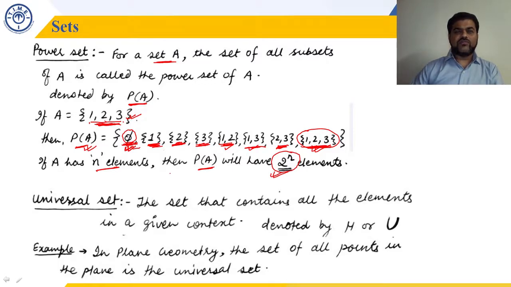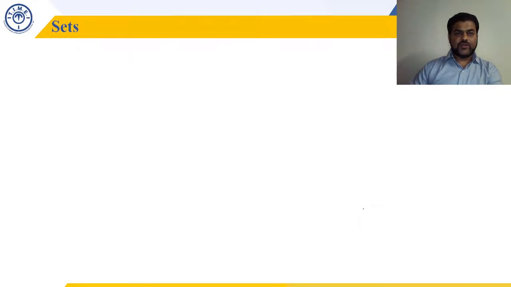In that universal set, we can have the set of triangles, the set of straight lines, the set of pentagons, the set of hexagons, and so on. This universal set is denoted by this symbol, or a capital U shaped symbol. This is known as mu and this is U. U stands for universal set. Fine. Let's move ahead.